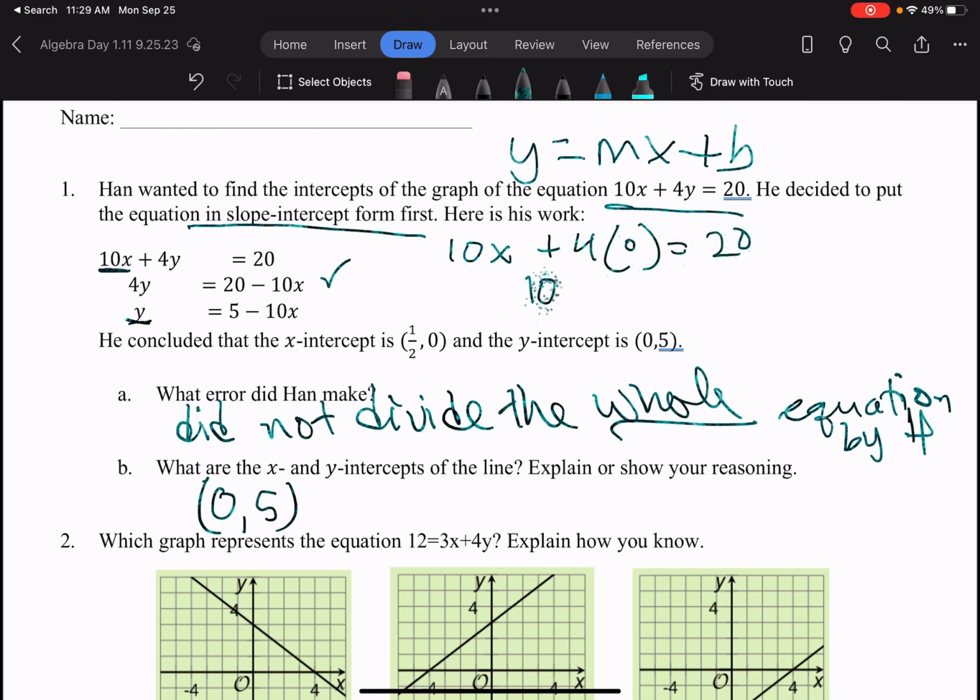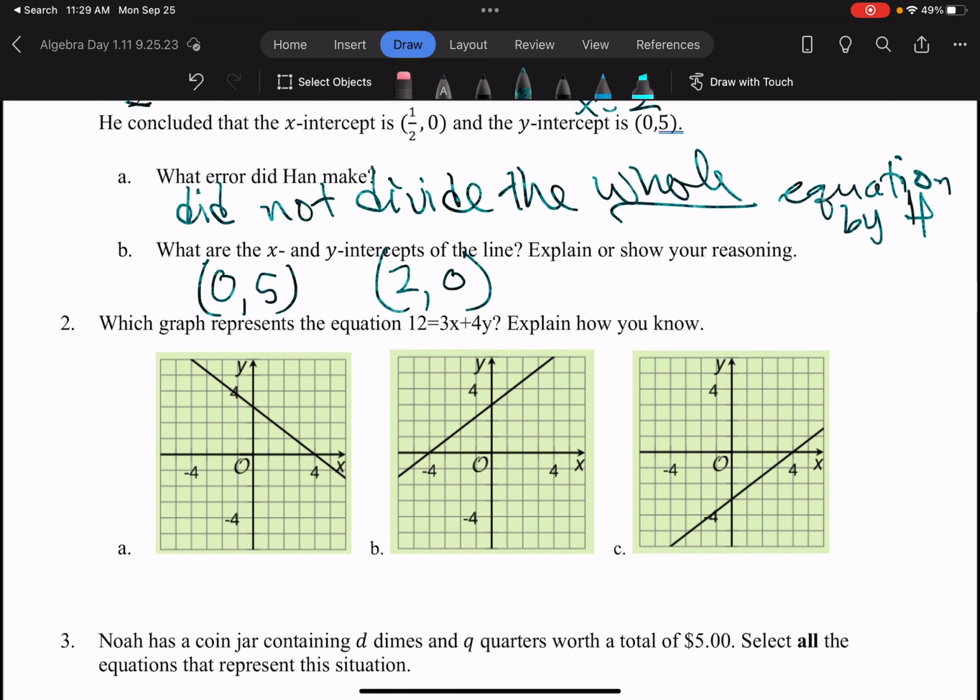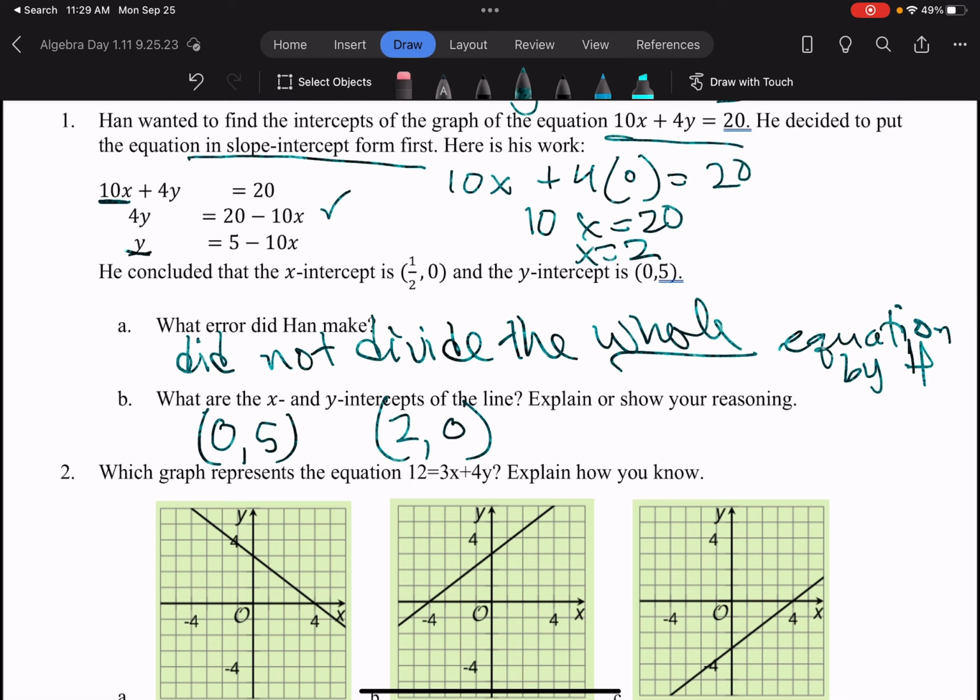This will mean that 10x equals 20, and that means x equals 2. Okay, so (2, 0) is the x-intercept and (0, 5) is the y-intercept. This would be our x and y intercepts of the line. All right, and for showing your reasoning, if you show your math here, then you've shown your reasoning for that.